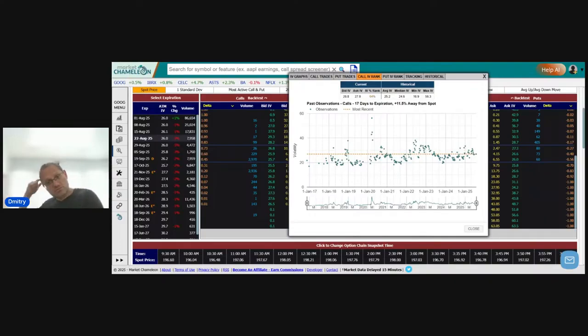All of them were above. So that's the IV percentile rank for this option contract, based on historically looking for similar attributes, right? Similar parameters, 17 days to go, 11.5%.